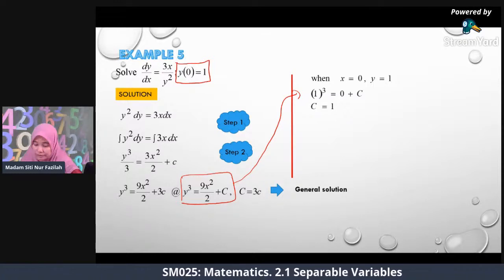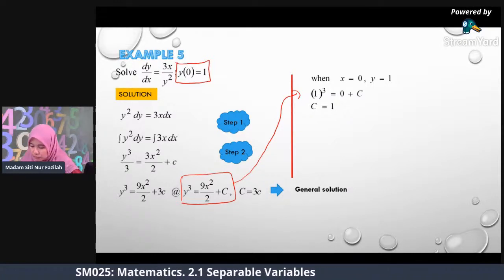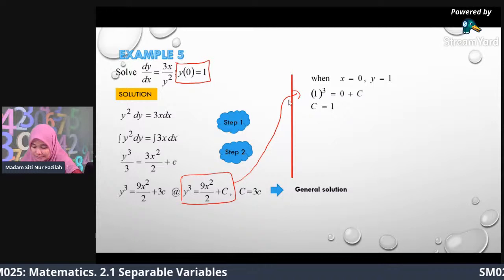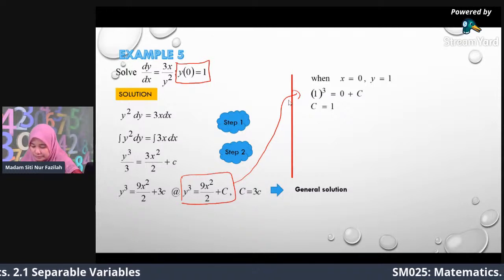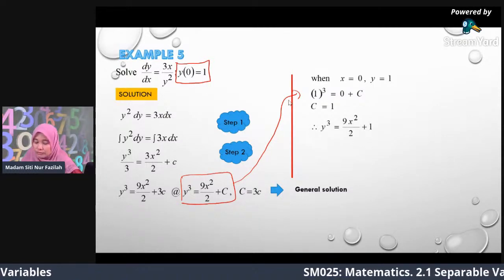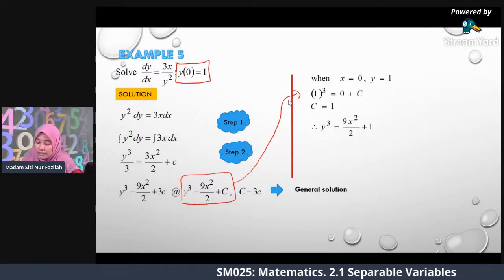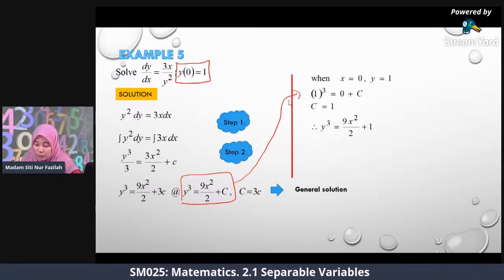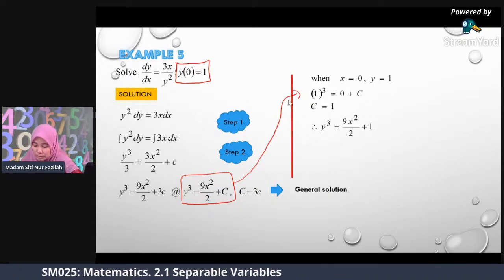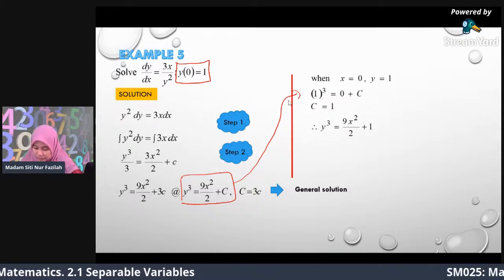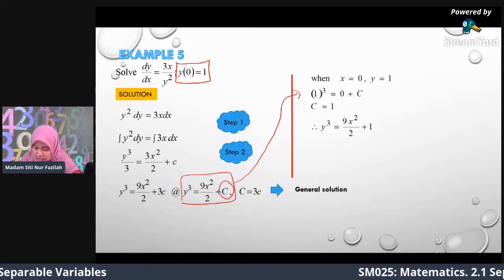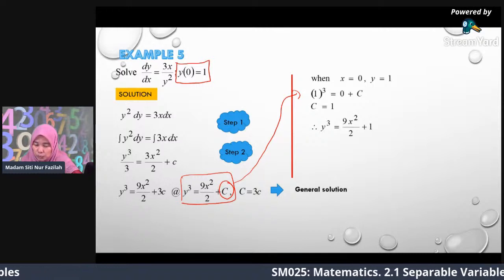Then we substitute back: y cubed equals 9x squared over 2 plus 1, replacing C with 1.